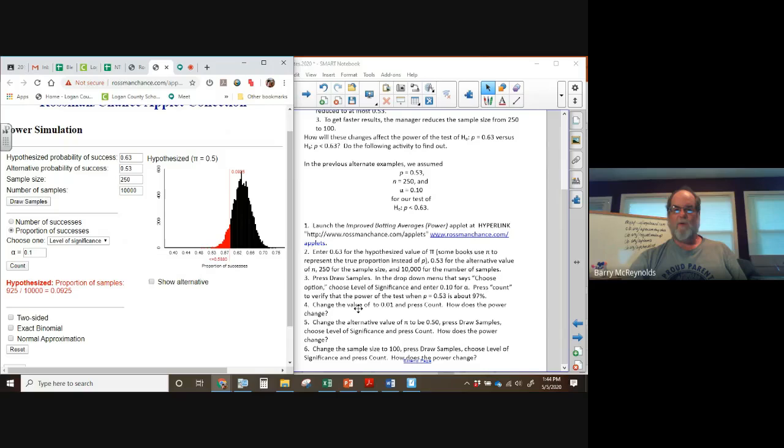So now what we want to do is change alpha to 0.01. And we'll do a recount, or keep this picture in your mind and see what happens. Okay, so alpha went way, way down.